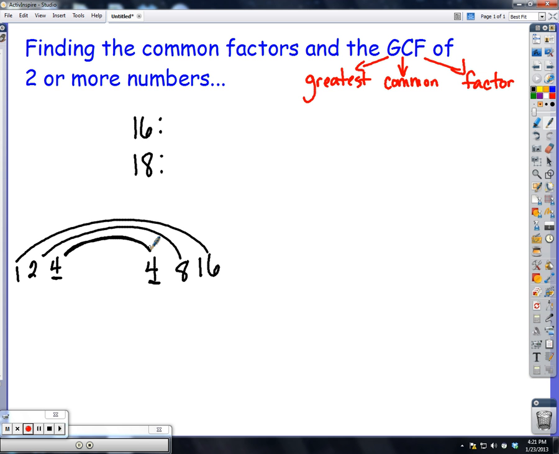And remember, when you repeat factors, that's how you know you have found all of them. So the factors for 16 are 1, 2, 4, 8, and 16.